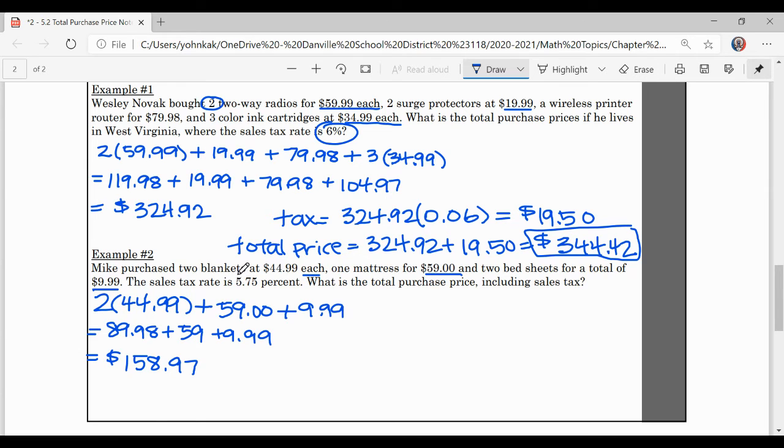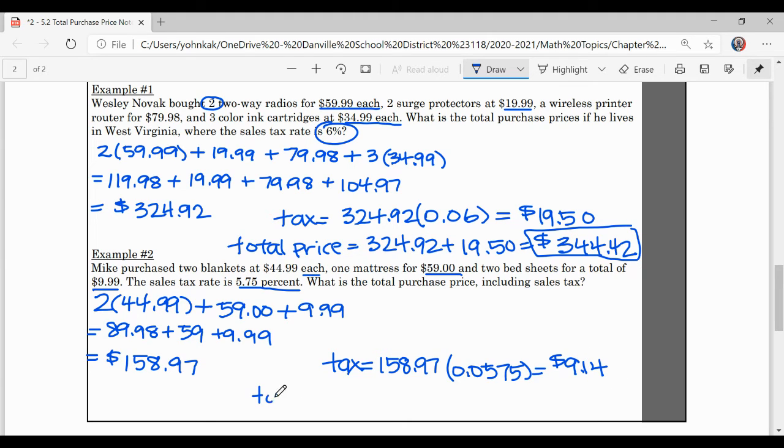Now I need to find the sales tax. The sales tax rate is 5.75%. What is the total purchase price, including sales tax? So to find the tax, I need to multiply 158.97 and change 5.75% to a decimal, 0.0575. And that's going to give me tax equal to $9.14.